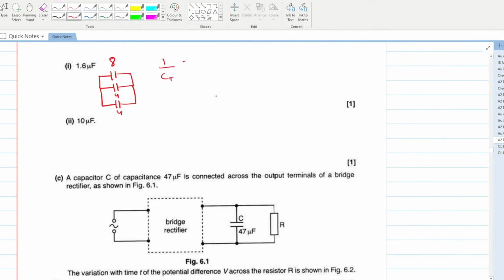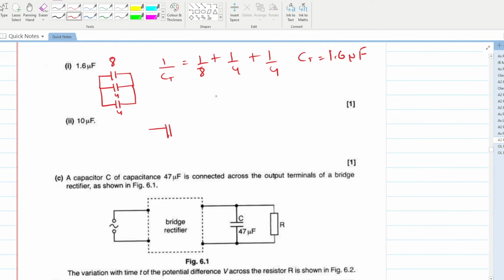1 upon Ct is equals to 1 upon 8 plus 1 upon 4 plus 1 upon 4. This comes out to be what? Let's calculate that. This comes out to be 1.6 microfarads. Let's see how will we create 10 microfarads. What can we do?